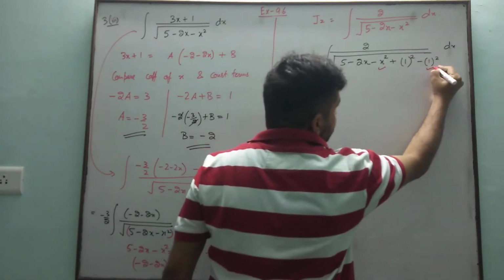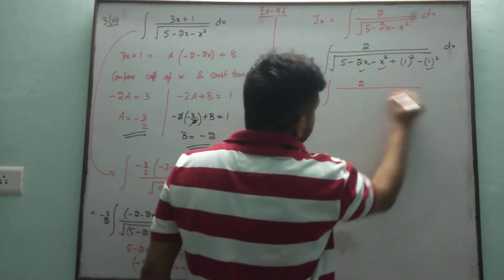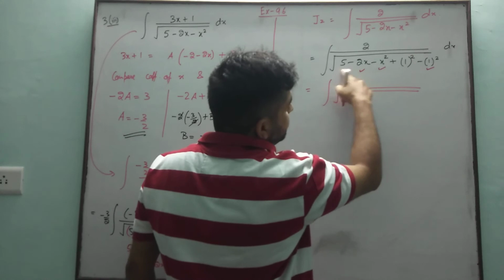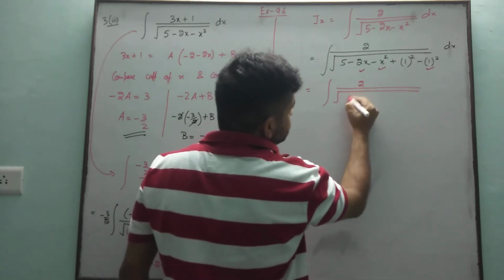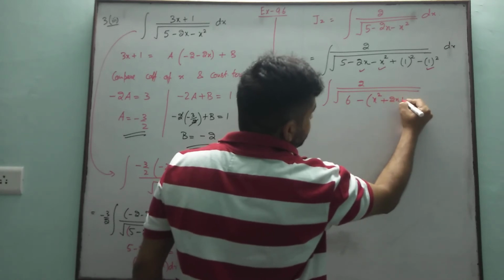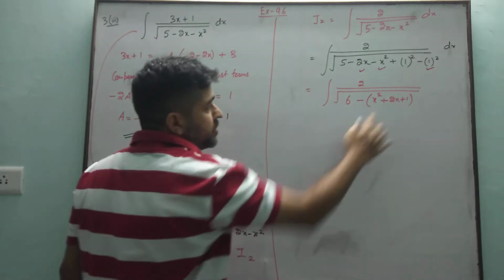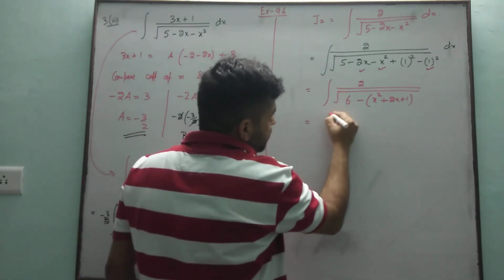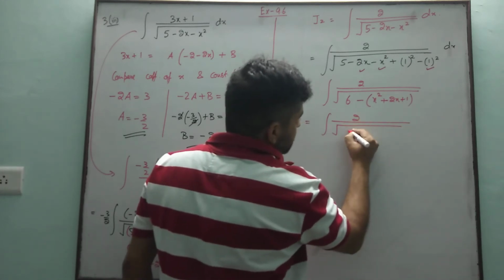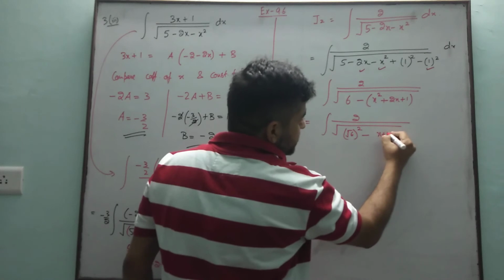So we got a form here: under root of 5 plus 1, that is 6, minus common of x square plus 2x plus 1. Out of these three, minus common, all three will be positive. So you can write it now as under root of root 6 square minus x plus 1 whole square.